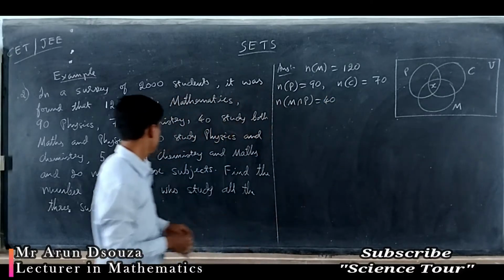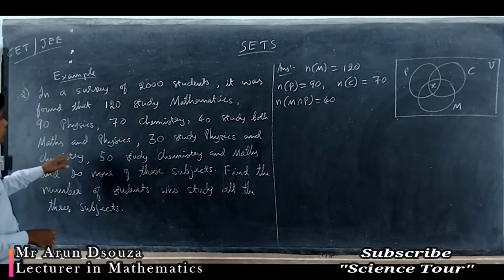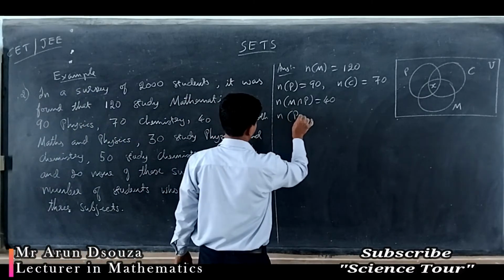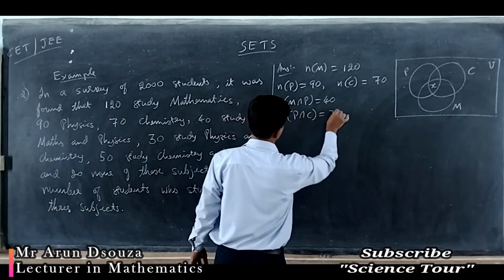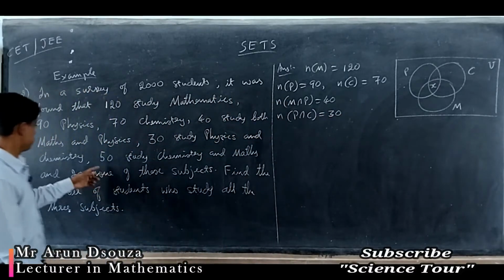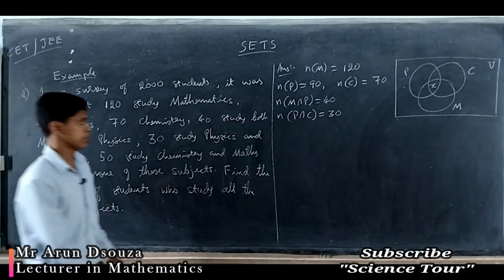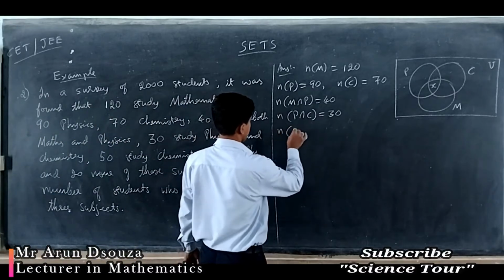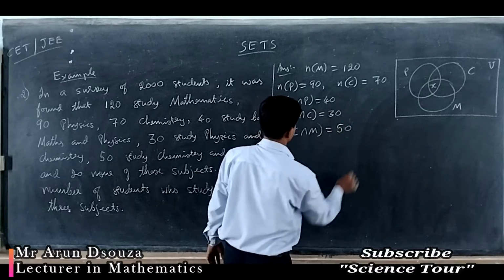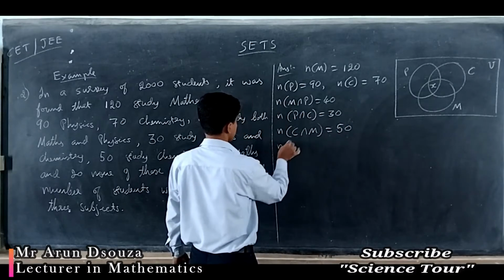That is 40, and then you have 30 physics and chemistry, and 50 chemistry and maths, that is 50.